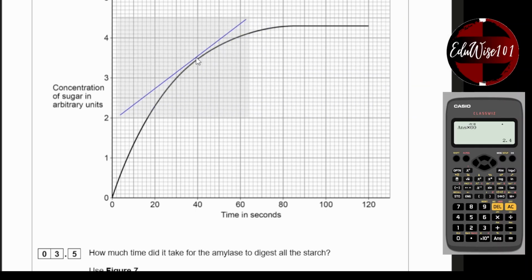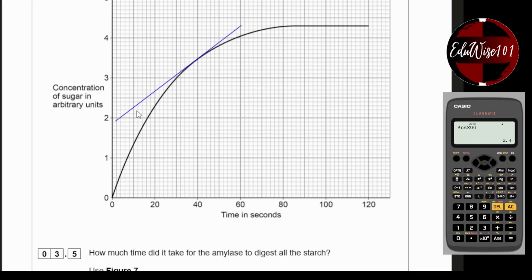So let's see. That should be about 60. The line should actually be slightly above. There you go. Right.